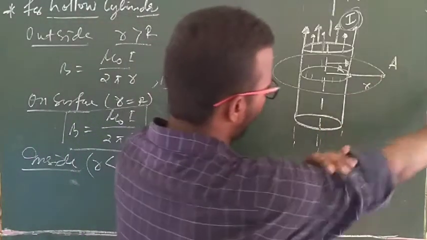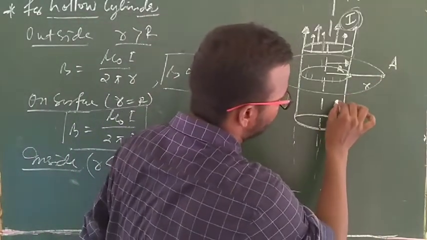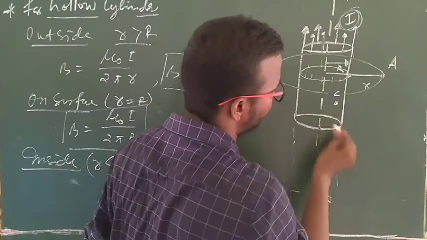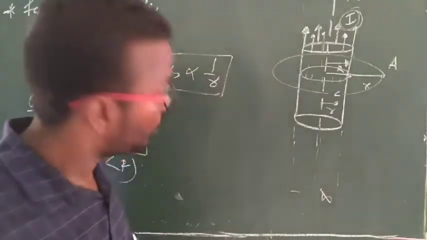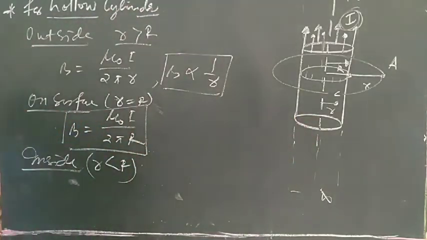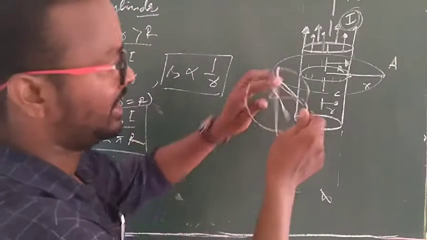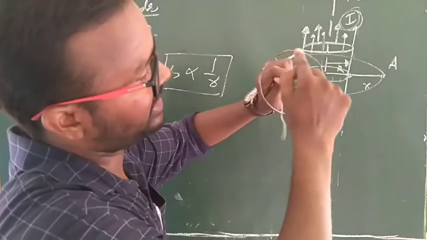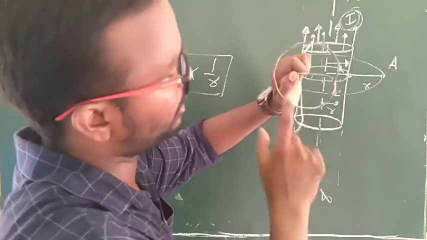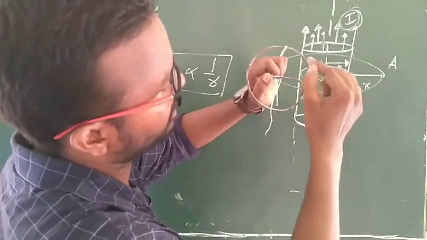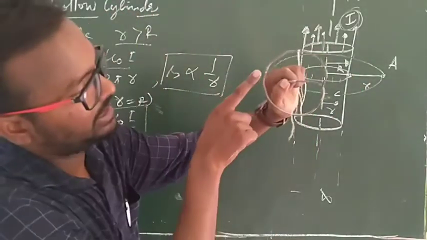Suppose we have to find the magnetic field strength at this point C, which is at a distance r within the hollow cylinder. Clear? This is a hollow cylinder and this is the circumference, the surface. In this case, for a hollow cylinder, the total current flows over the surface, in this direction.